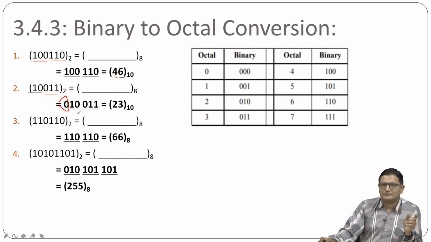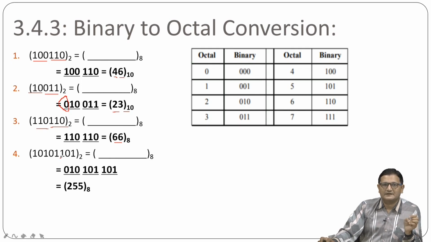So if needed, you just insert the 0. Now 010 is the binary of 2, and 011 is the binary of 3, right? Similarly, here you can make groups, it is 110 and 110. So 110 is 6, so 66 is the octal number, fine.